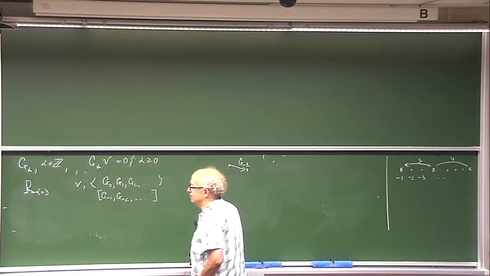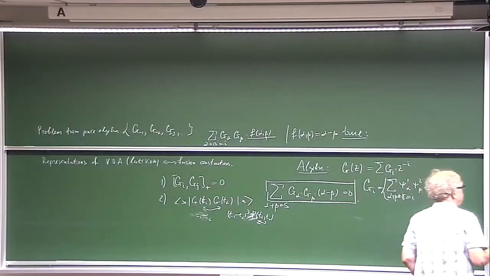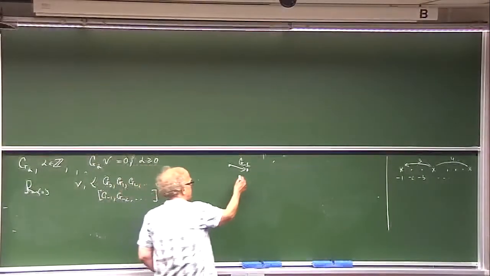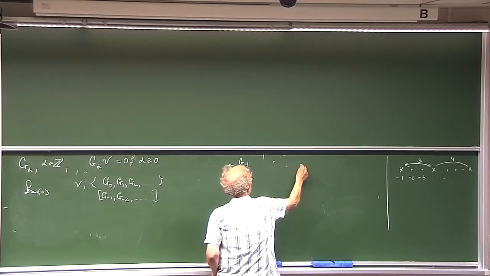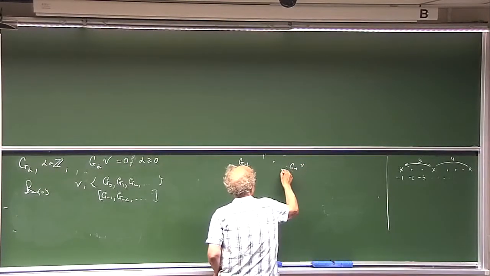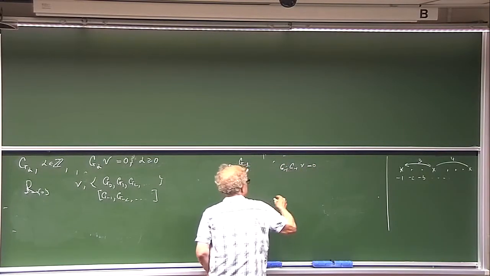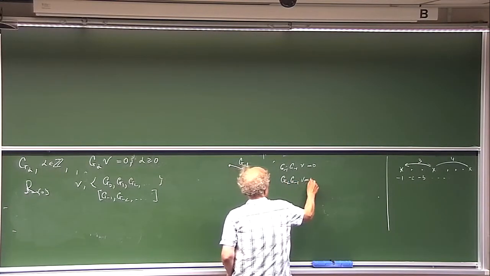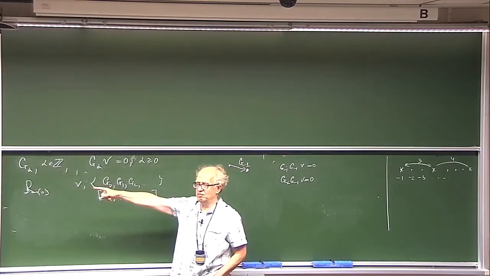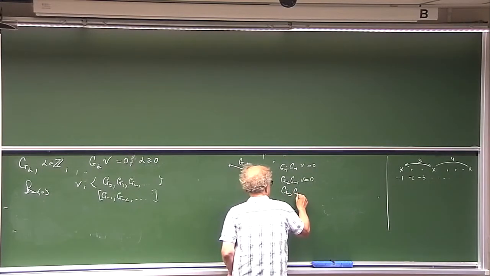Well, and from the relations, we can see that if I take this vector V and act by G minus 1 again, surely it is 0 because they are skew symmetric, but also G minus 2, G minus 1, V is 0. This follows from my relation, and also G minus 3, G minus 1, V is also 0.